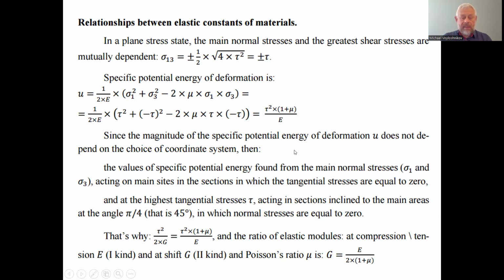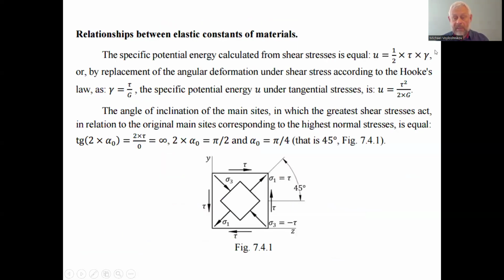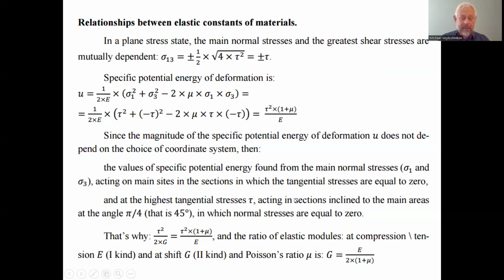And since the magnitude of the specific potential energy of deformation does not depend on the choice of the coordinate system, we have this equation for the specific potential energy considering the angle of deformation and the action of the tangential stresses only, in the absence of normal stresses.